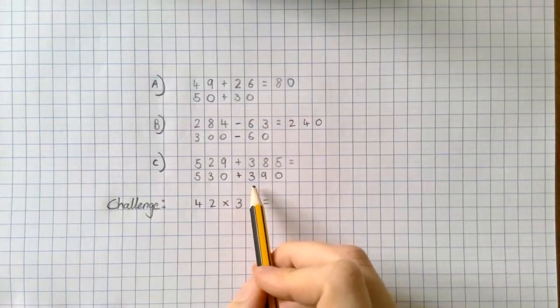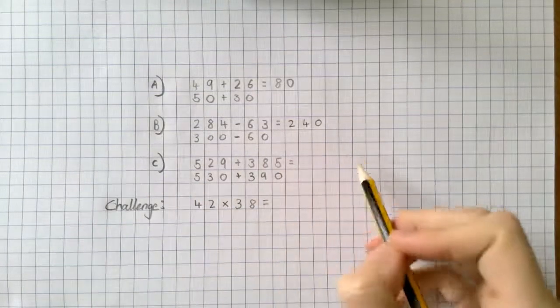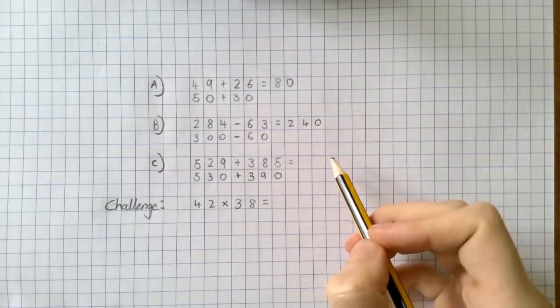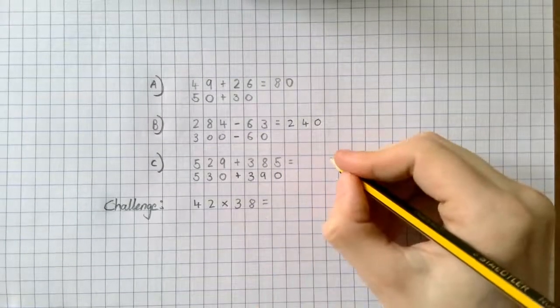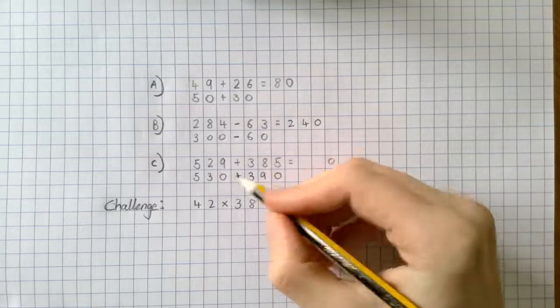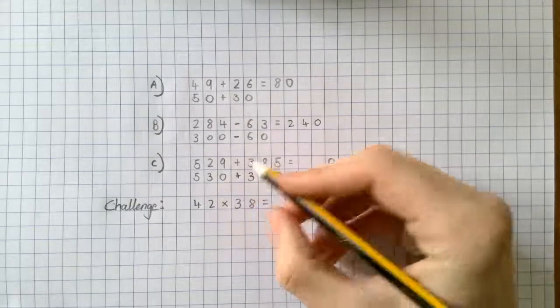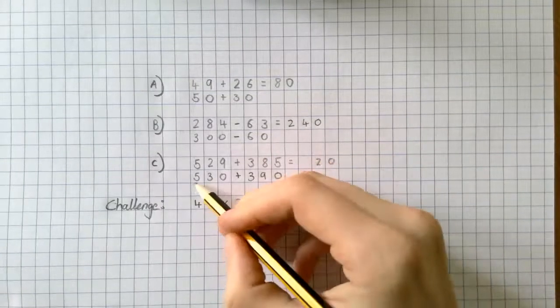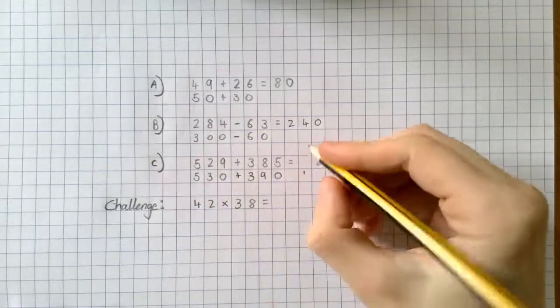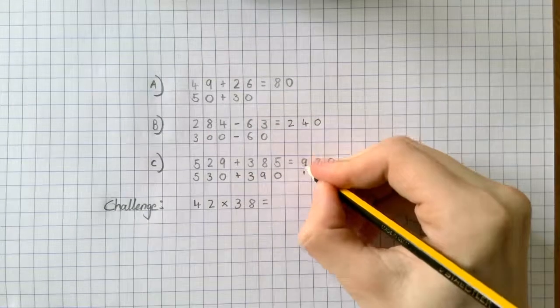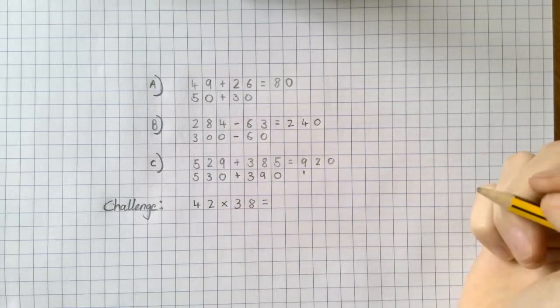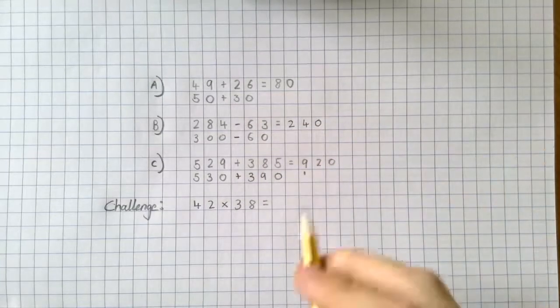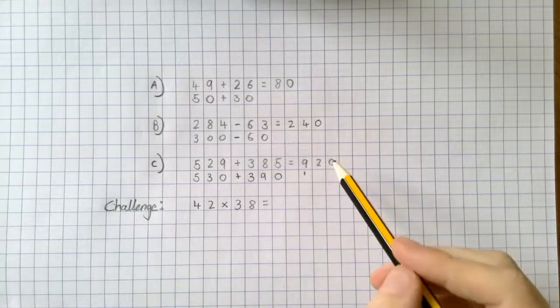That would have been fine. So I already know my answer's got to be near 900. But I know I've got no ones, so I'm going to put my tens together. So 90 and 30 is 120. And then 500 and 300 is 800. So my answer's 920. So it's all about those near numbers and making sure we've got rounded answers.